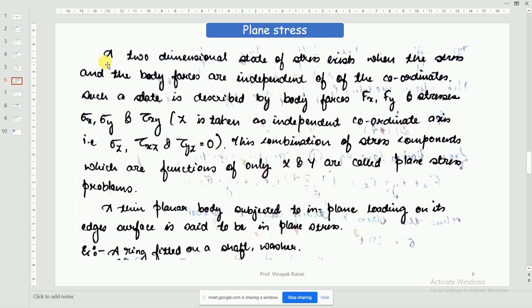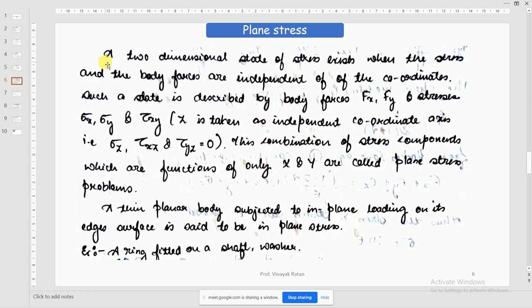Here we are considering z as independent of the coordinate axes. It means stresses in the z direction are negligible compared to x and y. So if z is the independent coordinate, then sigma z, the normal stress, and the shear stresses related to that direction will be equal to 0.